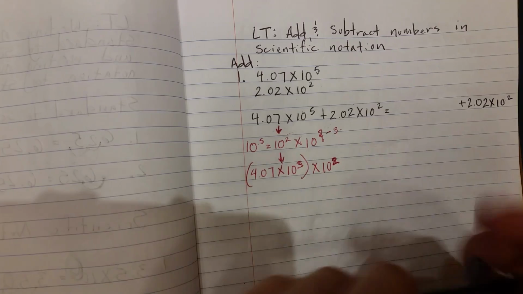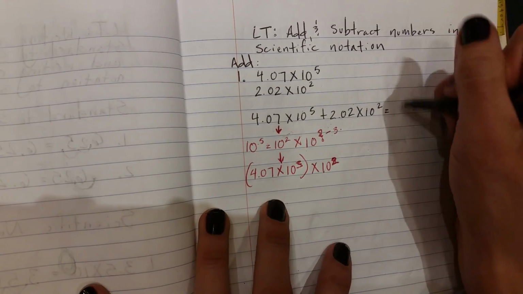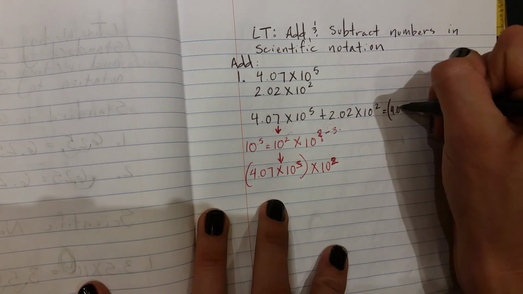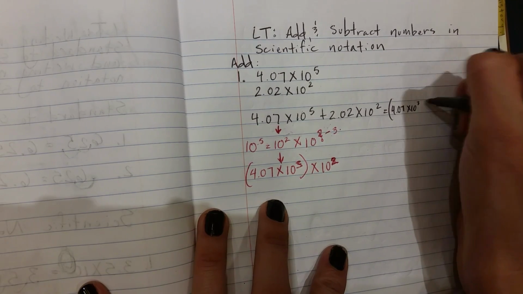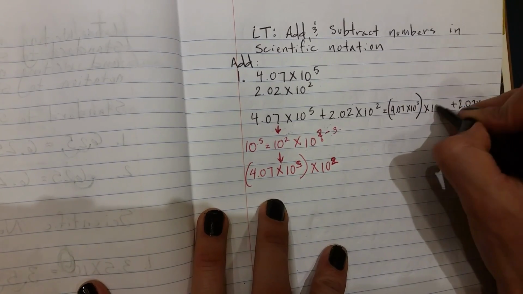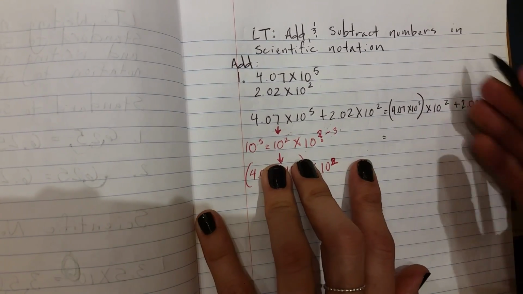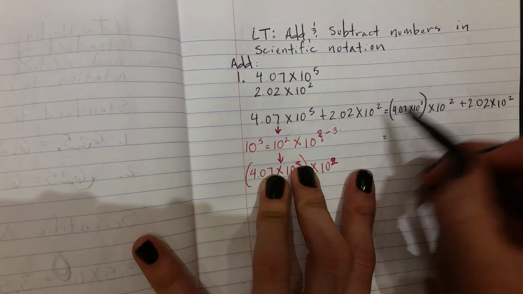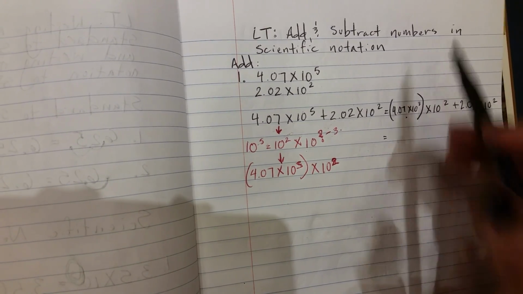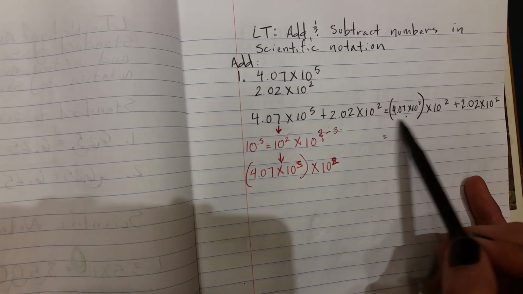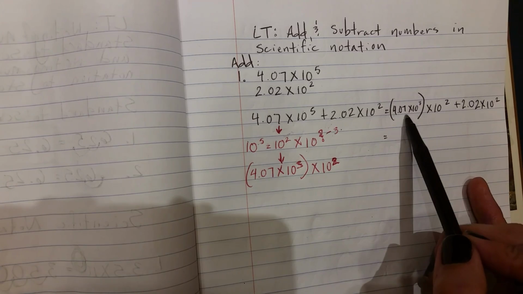Okay, now I'm gonna start using my black ink. 4.07 times 10 to the third times 10 to the second. And this is where we left off yesterday. All right, so here's our next step. What we're gonna do is we are taking our scientific notation here and we're turning it into standard form.